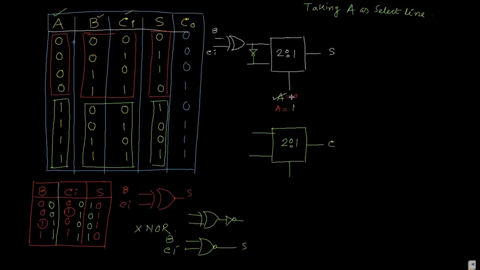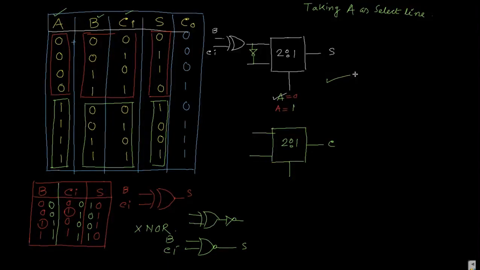When the A select line is 0, it becomes S, and when A is 1, it becomes S as well. So when A is 0, B and Ci work as an XOR gate. When A is 1, then B and Ci is XNOR, and it becomes S. So this is the circuit diagram for S.